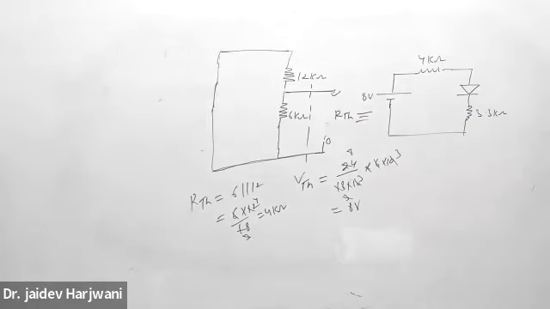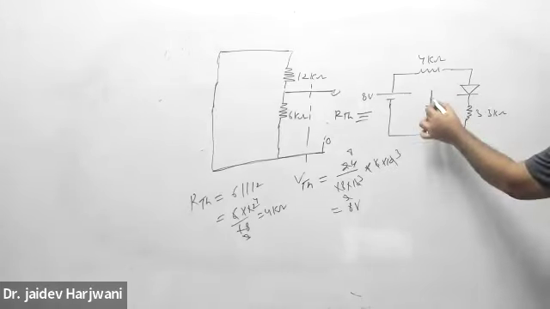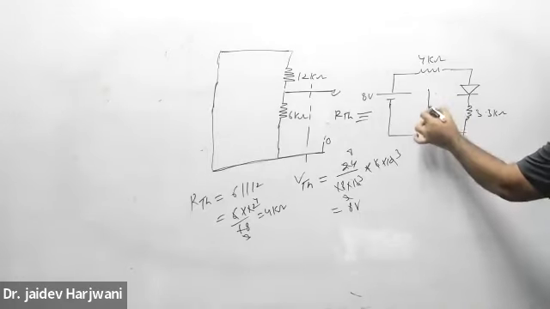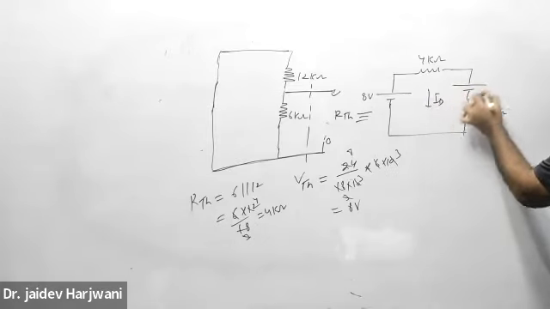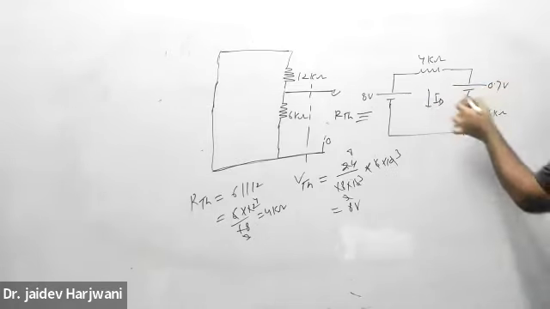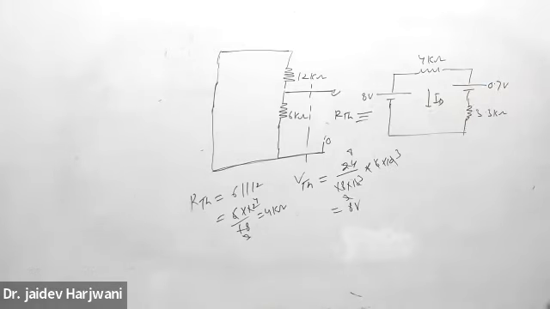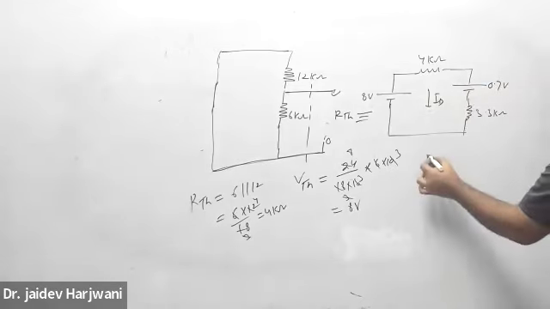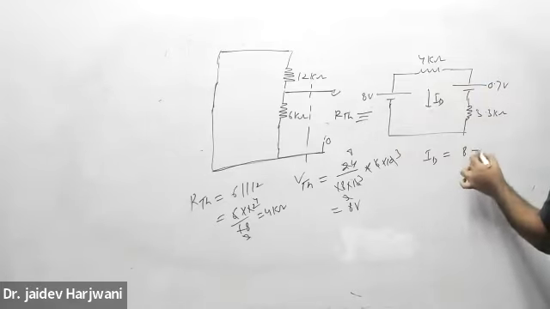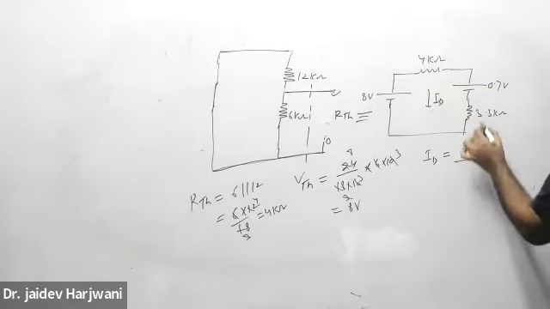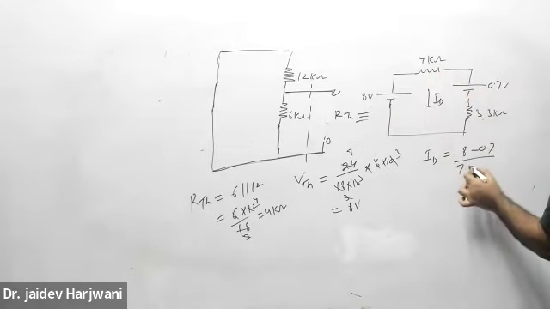Now I will see whether this diode is forward bias or reverse bias. It is forward bias. Now replace it by a 0.7 volt battery, and now you can find what is ID, the current flowing through the diode. So ID will be 8 minus 0.7 divided by 7.3 kilo ohm.